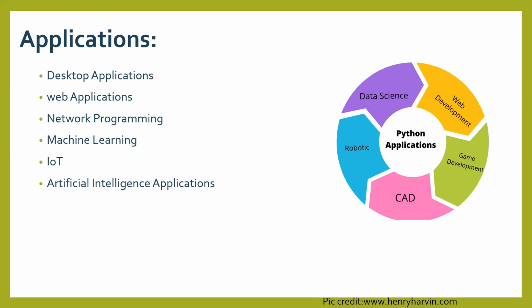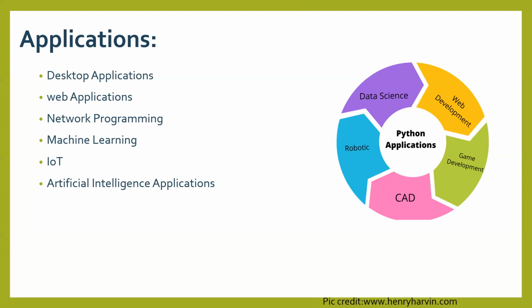But Python can be used as a backend programming language for web development. There are frameworks like Django. And for game development, there is a library called Pygame. Simply you can import that and make games. And CAD for civil engineers, mechanical engineers, RPA means robotic process automation.